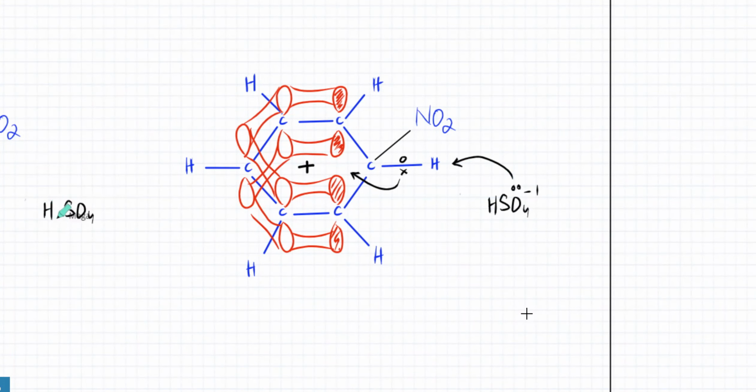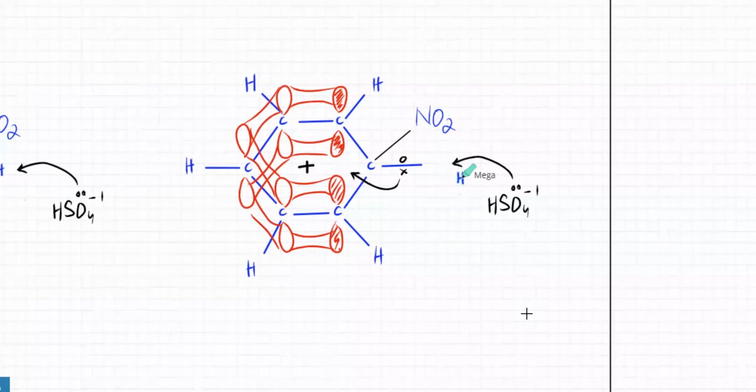So the HSO4 minus 1 combines with the H that has left. I made it on the wrong side, just a second. This one. So this H over here is going to leave its electrons, and it's going to go and join with the HSO4 minus 1, and this thing would become H2SO4.